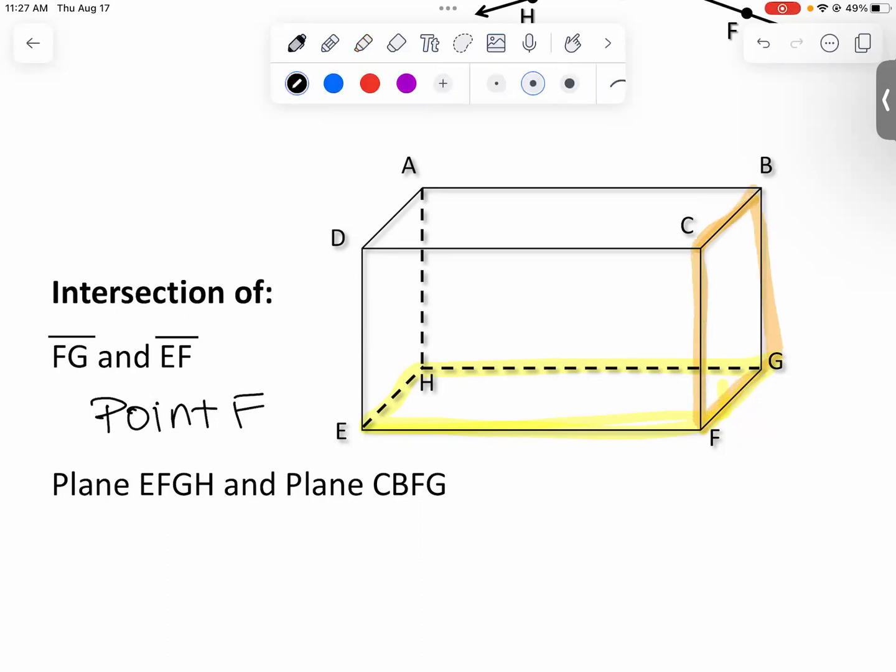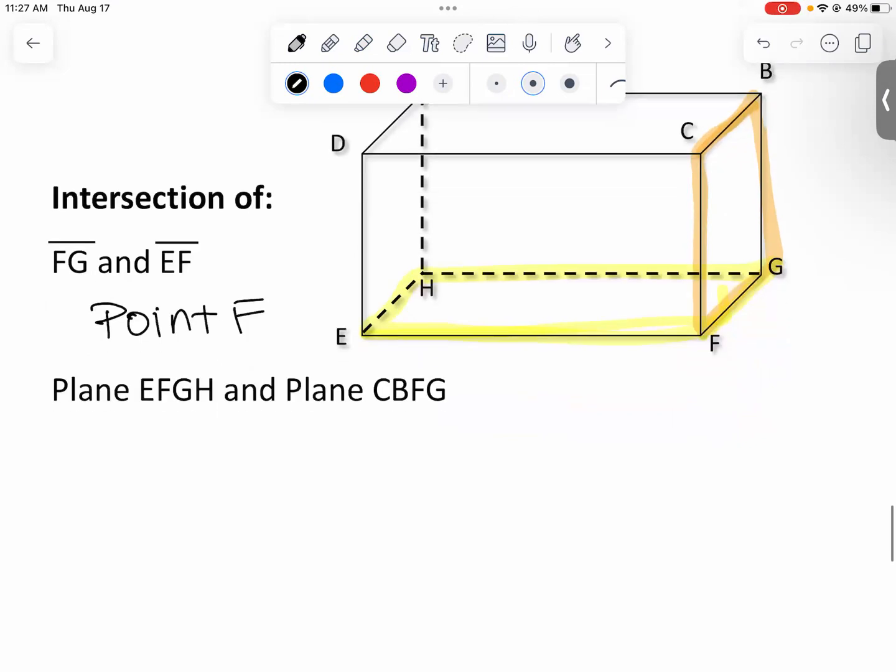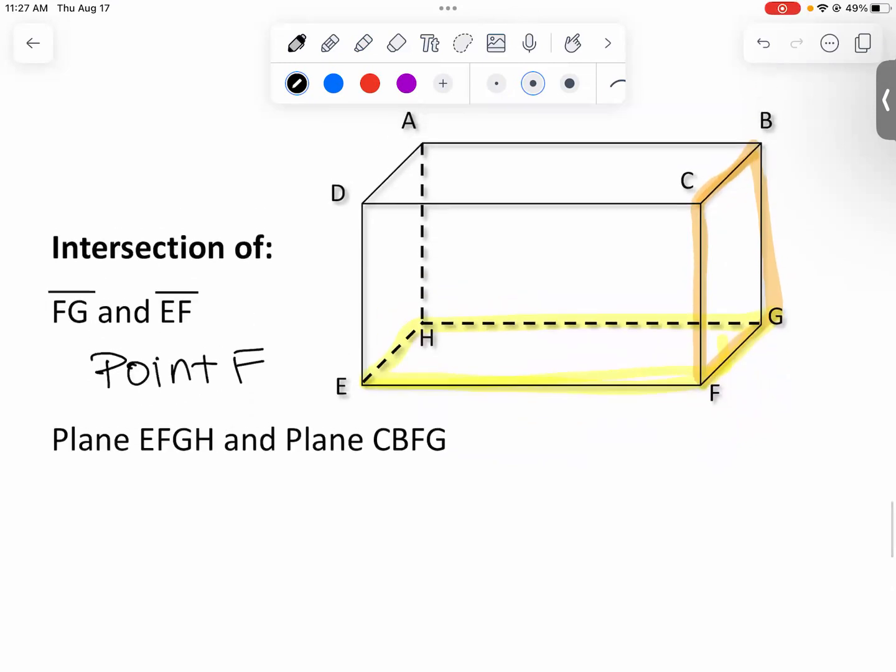Where do they intersect? First of all, am I naming a point or a line? A line, okay, and since we named line segments up here, we'll do that here. What is our line segment? FG.